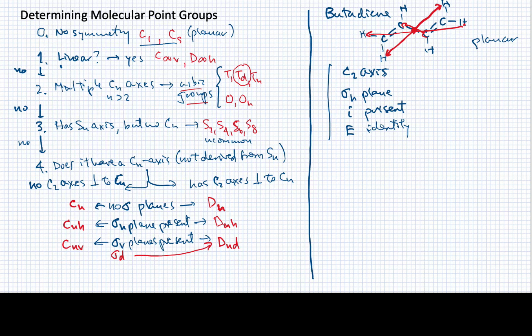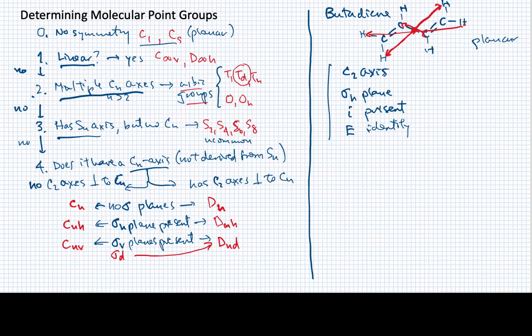All right, so as we go through our list, it's not a linear molecule, so we go to the second one. It does not have multiple Cn axes, so we can skip all of that. It does not have an Sn axis without a C axis. So we're down here to having a Cn axis. In this case, it's a C2 axis. There are no other axes of rotation.